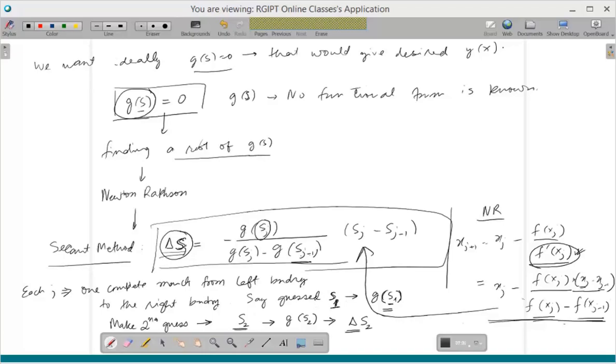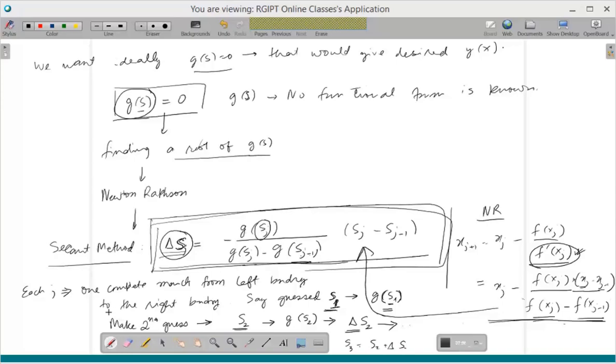One guess is not enough. In order to be able to implement this formula, I have to have two initial guesses. Using those two initial guesses, we are all set. Then delta S2 is known. Update: S3 will become S2 plus delta S2. And with this new S3, we again take a march from left end to right end.